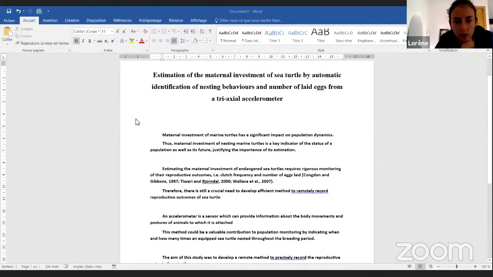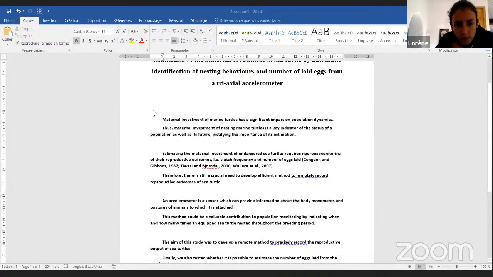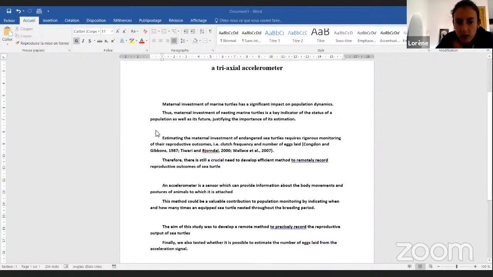So I'm doing a methodological article and it's about maternal investment of sea turtles. Maternal investment of marine turtles has a significant impact on population dynamics. Thus, maternal investment of nesting marine turtles is a key indicator of the status of a population as well as its future, justifying the importance of its estimation.